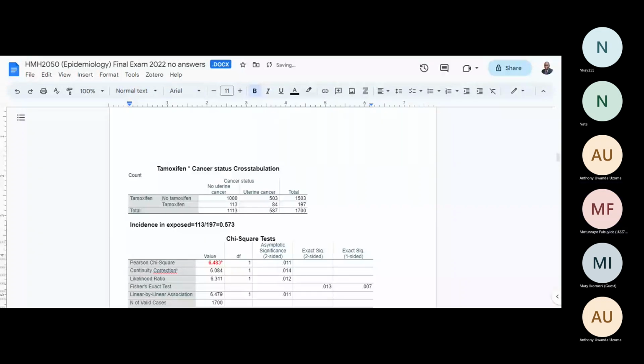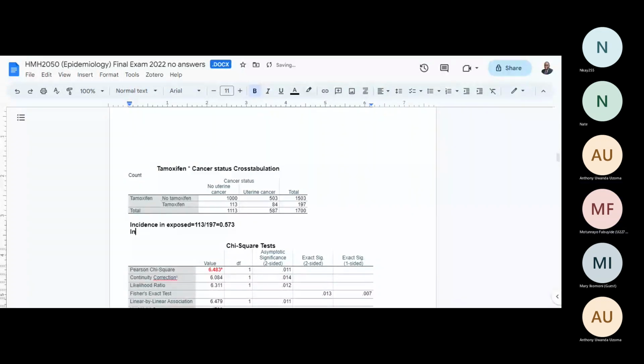Then incidence in non-exposed will be 1000 over 1503. And that will give us 0.665.